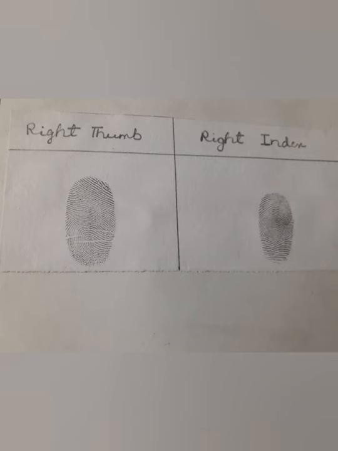But for recording the rolled impressions, one has to roll the fingers from one side of the end to the other, so that the entire pattern area of the finger can be inked, and then simply move the fingers from one side of the end to the other on the paper in the same fashion to obtain the rolled impressions of the suspect. And the table height should be 99 centimeters.